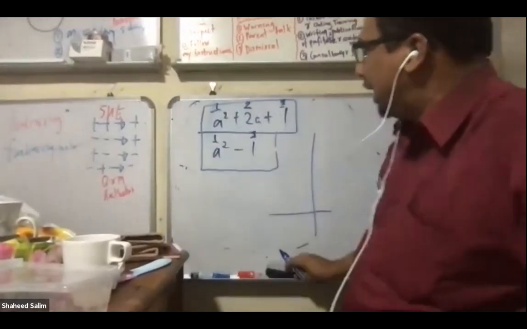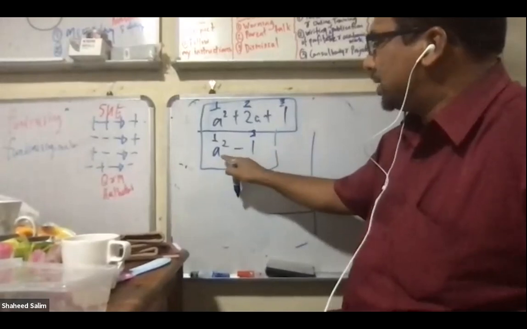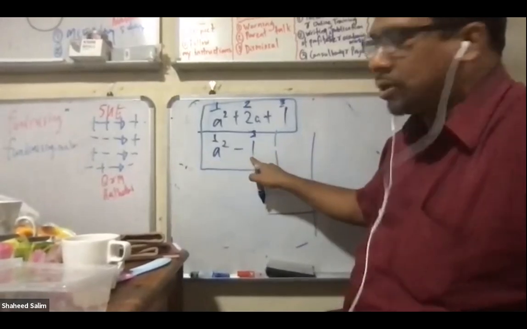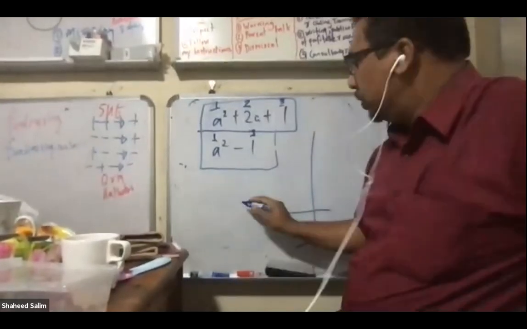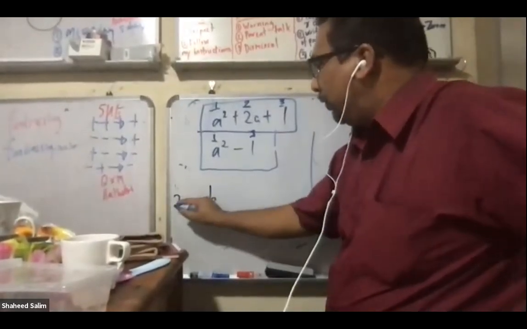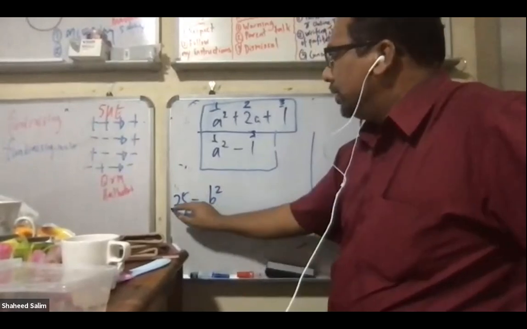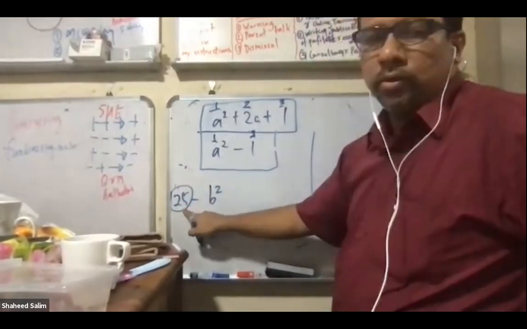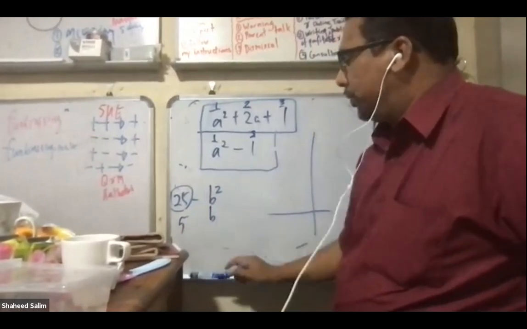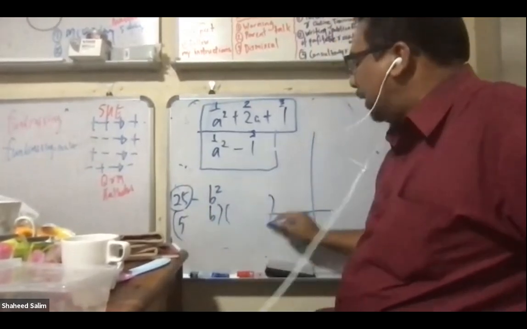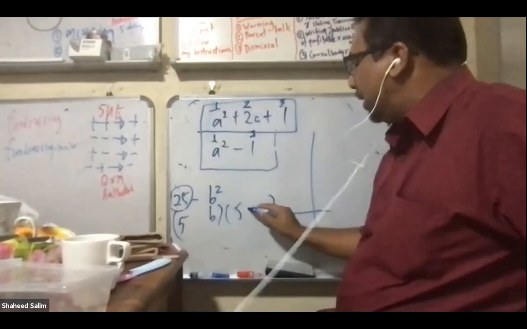When you see the first and last, it must have a minus, and both must be squares. Your answer for 2b, 25 minus b squared: this can be square rooted, you get 5, and this one you get b. So immediately I know what the factorization is.